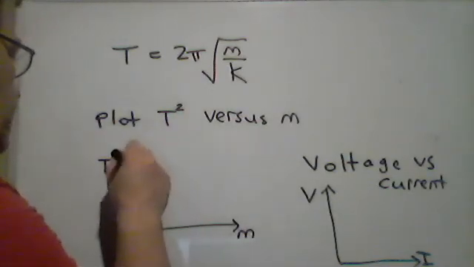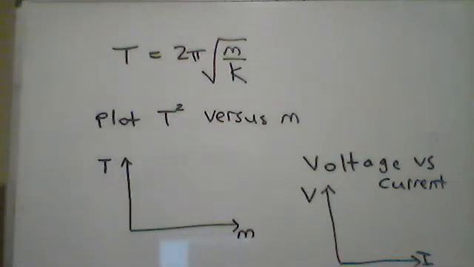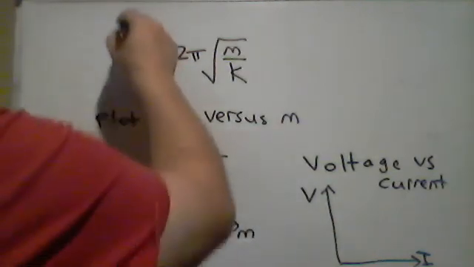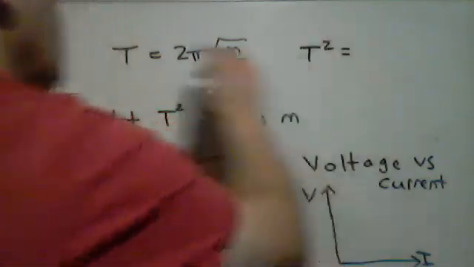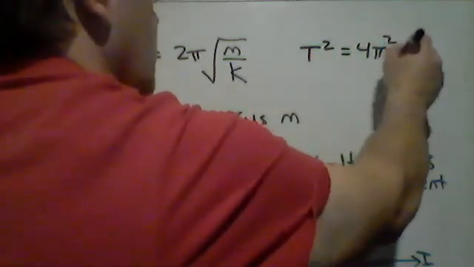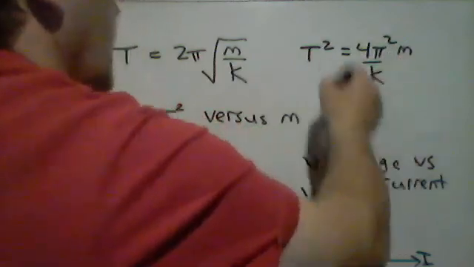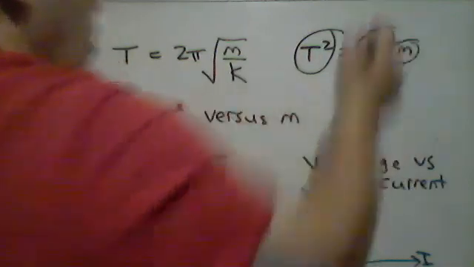Now, if I were to do t versus m, that looks like a square root function. But if I say t squared versus m, what does that do? I square both sides. I get t squared equals 4 pi squared m over k. I basically have a variable and a variable, and this is my slope.